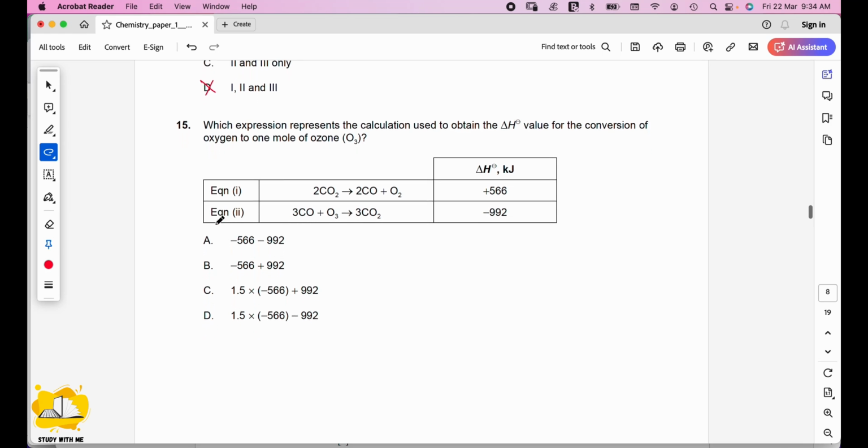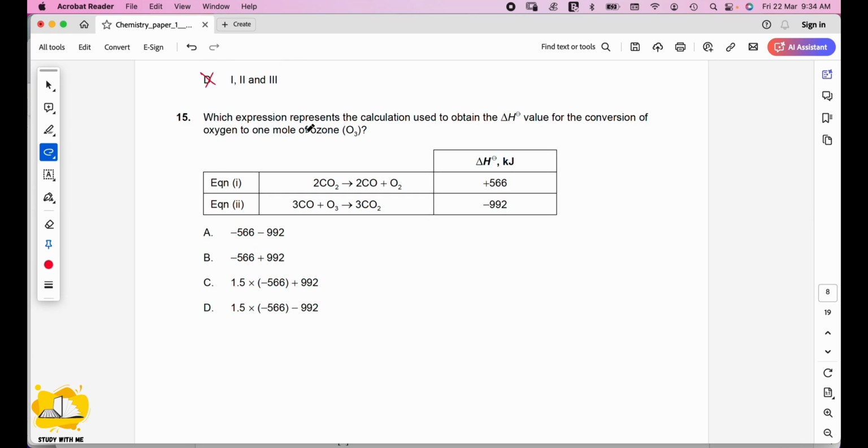And for number 15, it's about Hess's law. So you just need to find out how you can get oxygen to ozone. So let me write the reaction down again.